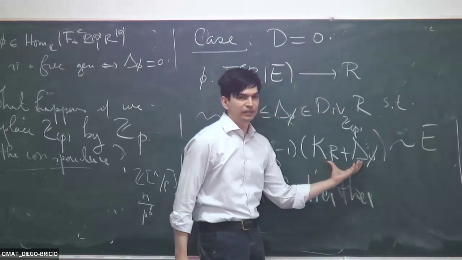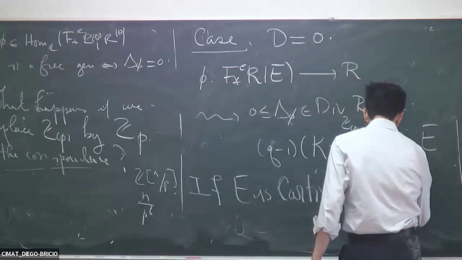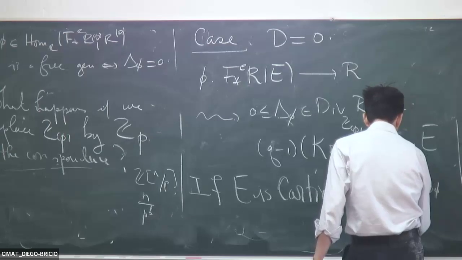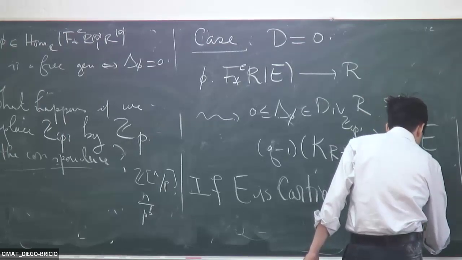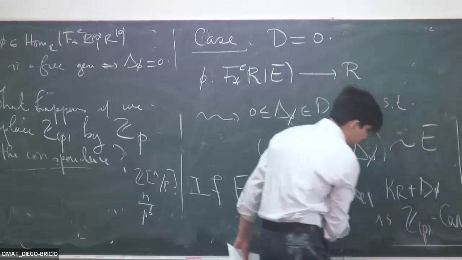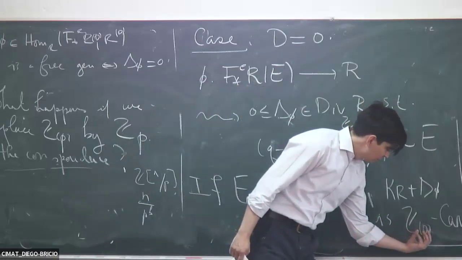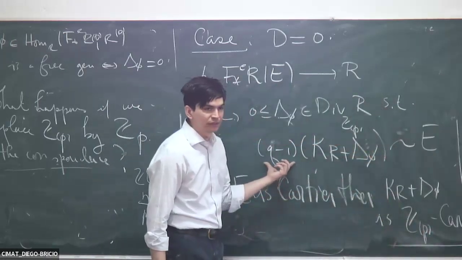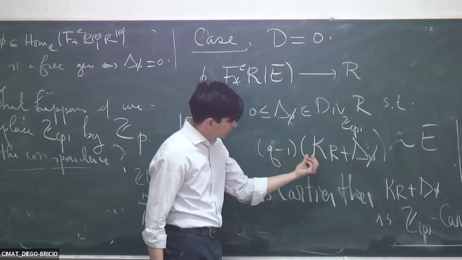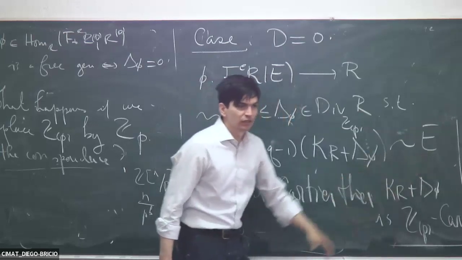We're saying that KR plus delta P is ZP Cartesian, because there is a prime to P number, Q minus 1, such that when you multiply this divisor by this number, you get something that is Cartesian.